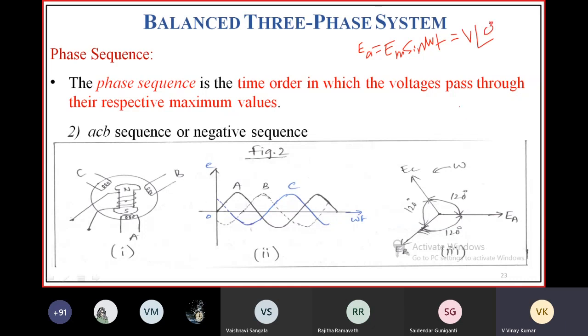Let me have a phasor like this. This is EA, E at an angle 0 degrees.